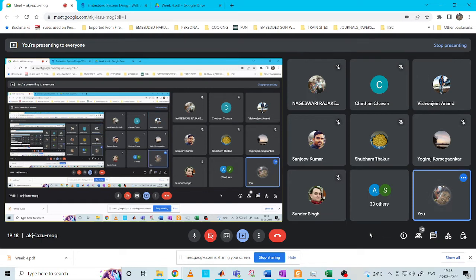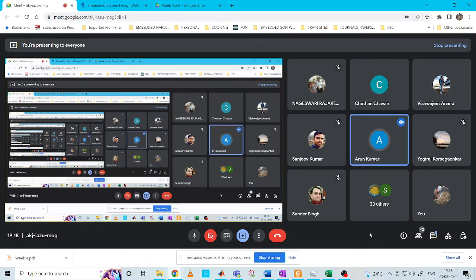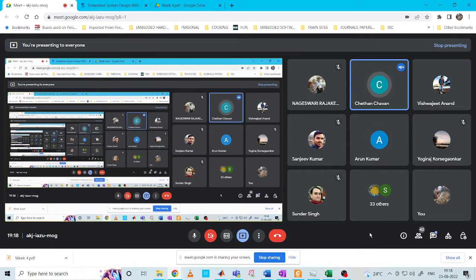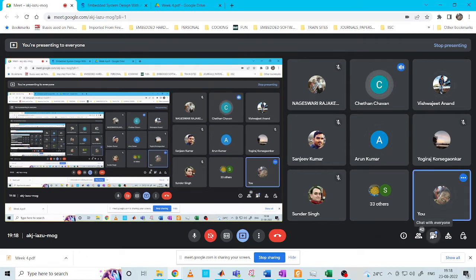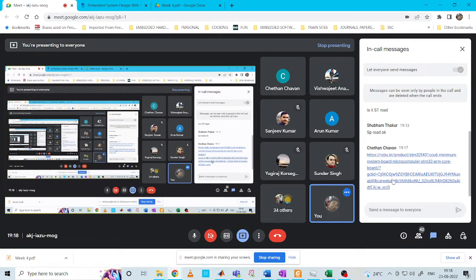What are the files? Because sometimes websites may get obsolete. Okay, the link Chetan posted is something different. Sir, is the development board which I posted correct? Because I have that only. Let me see. Yes, sir.